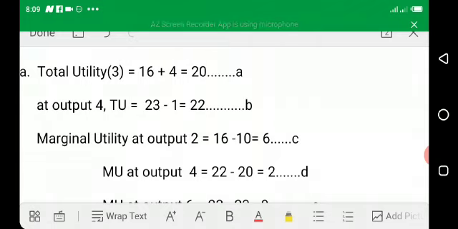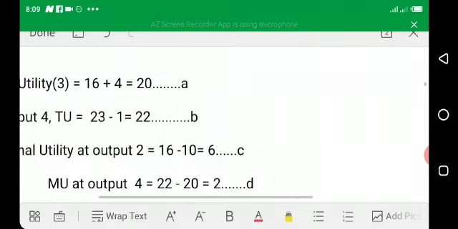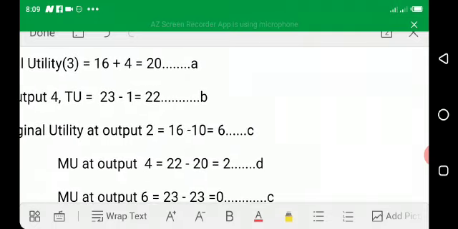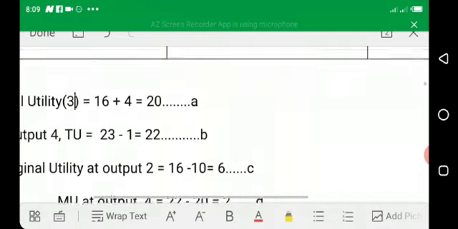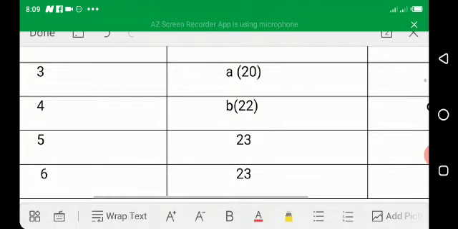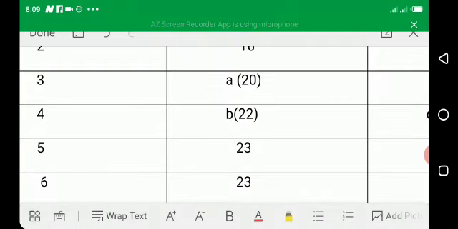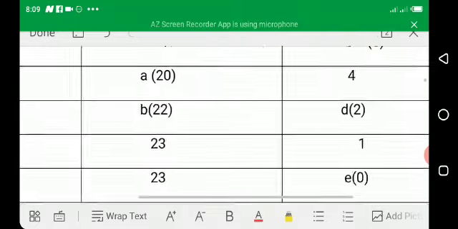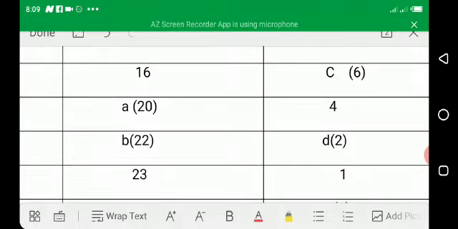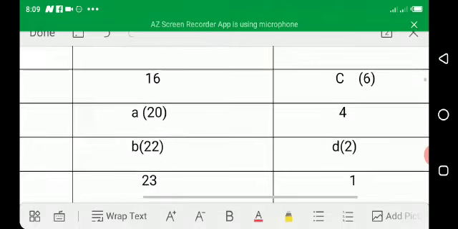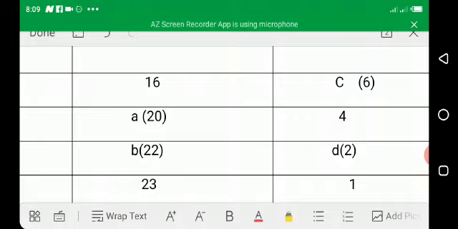And marginal utility at 4 will be equal to total utility at 4 minus total utility at 3. But we need the total utility at 3 first.